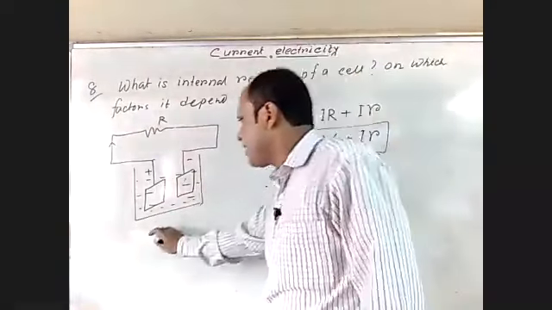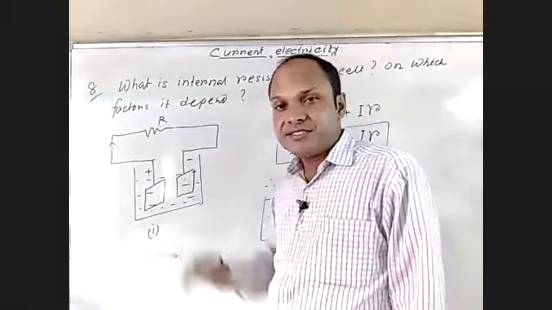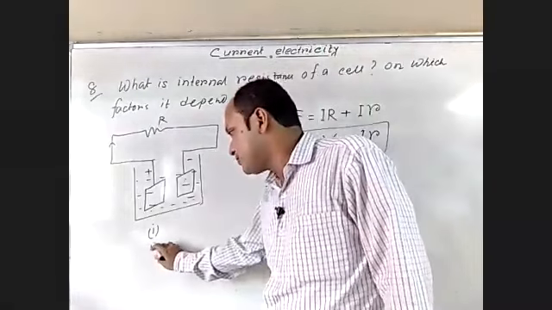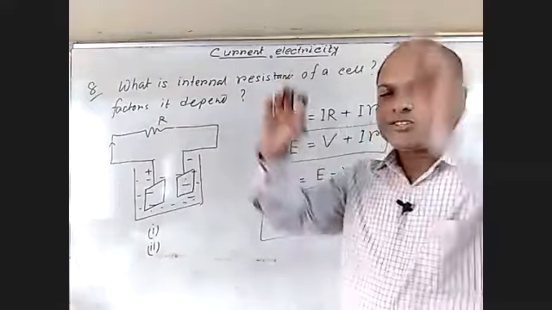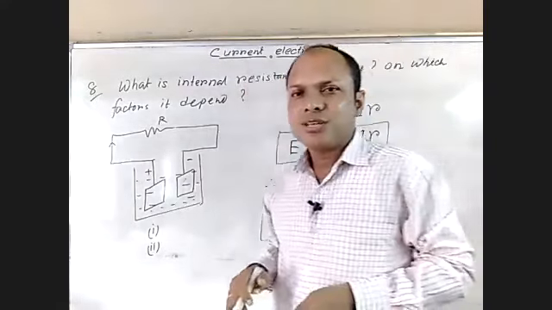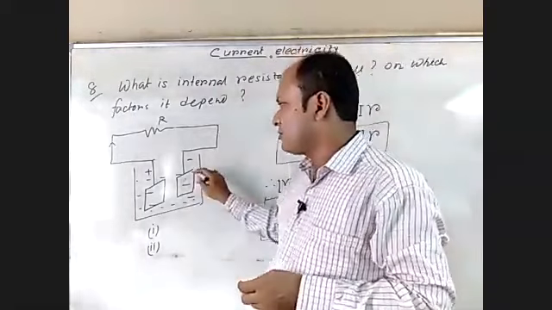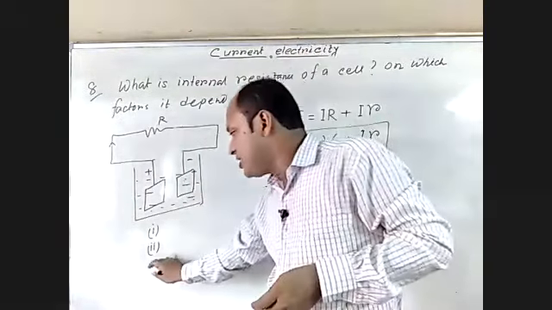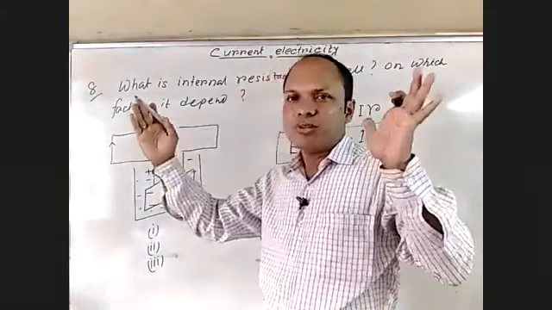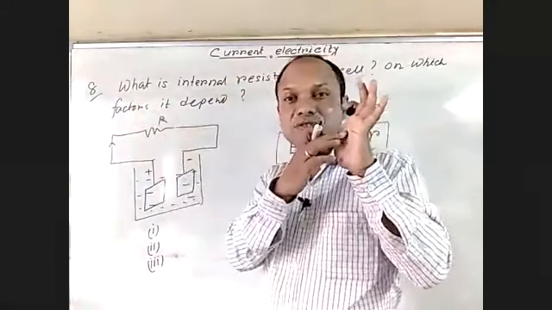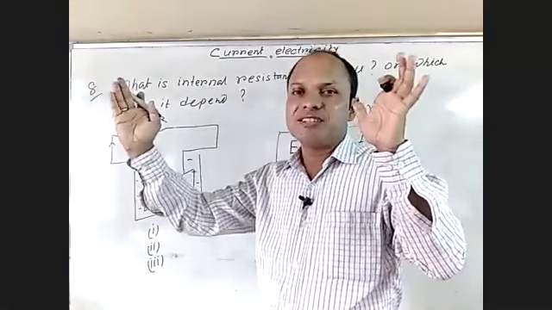On which factors does it depend? Number one, the nature of the electrolyte. Number two, the area of the plate of the electrode. Number three, the distance between the electrodes. If the distance is much more, the electrons have to travel from this part to that part, so there will be a big resistance.